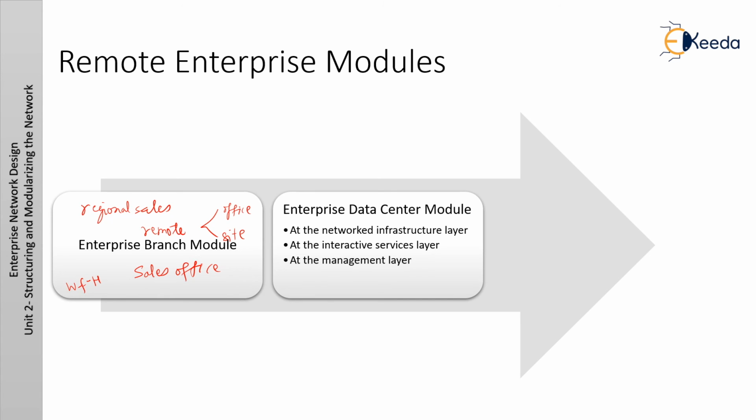Next module is the enterprise data center module. This enterprise data center module has an architecture that is very similar to the server farm. We have already seen the server farm. So this is the data center, and the server farm is also the same thing, where the data is available.